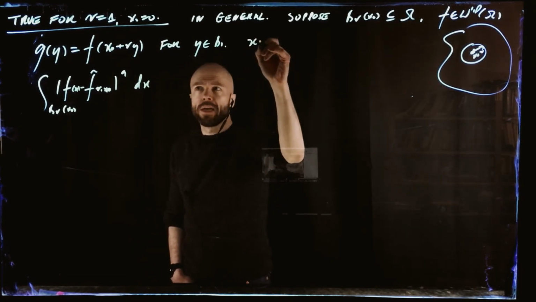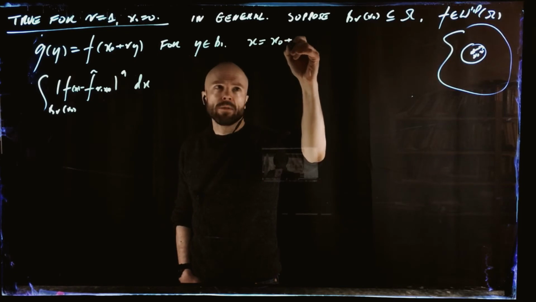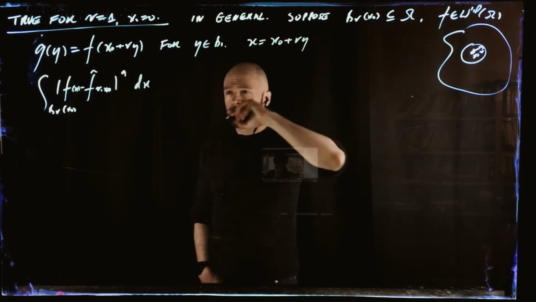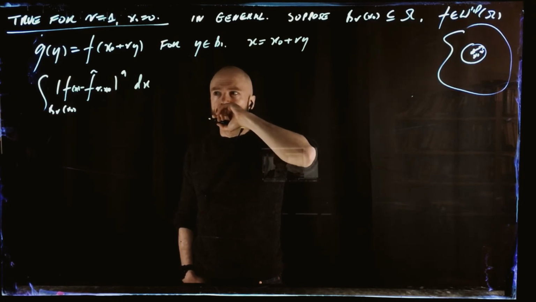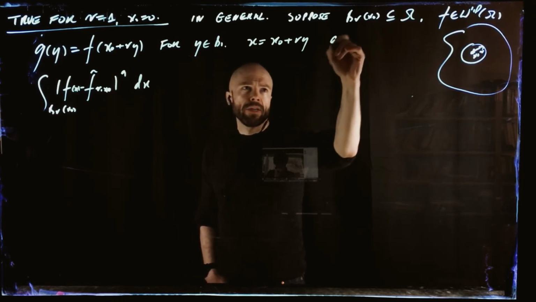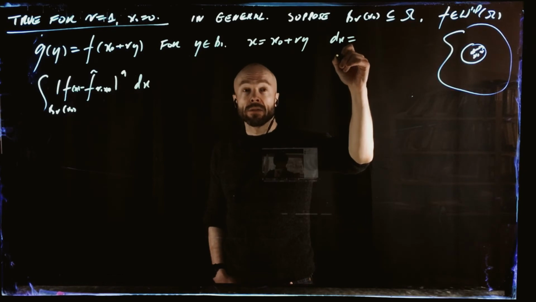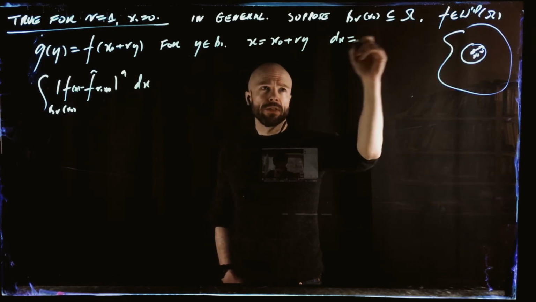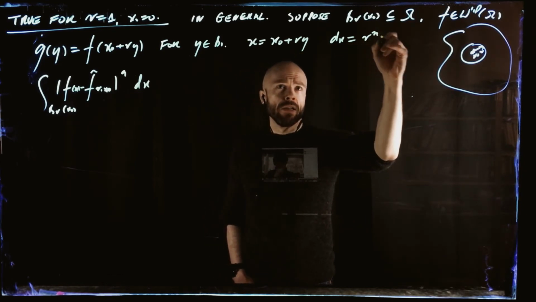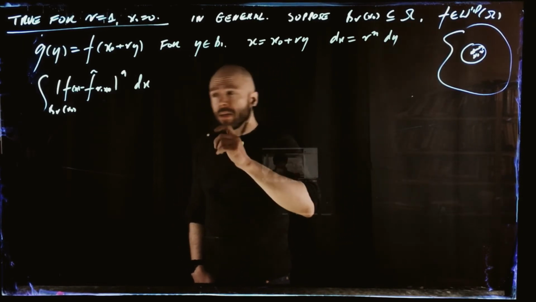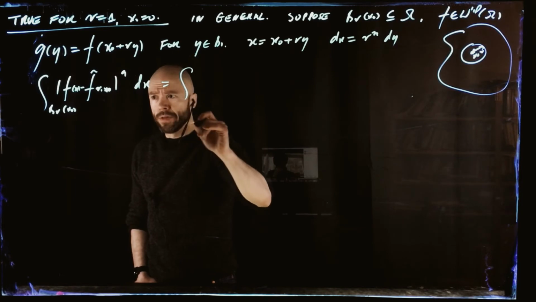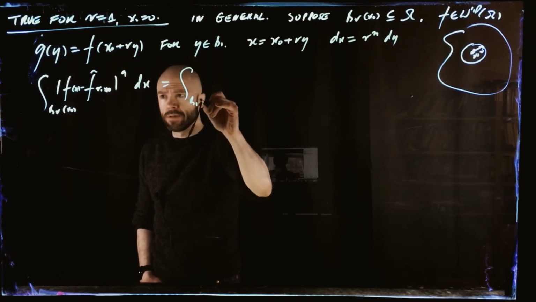So if we let x be x0 plus r times y, like this, then we have that dx, let's do everything in Rn, there's no disadvantage, so dx is equal to r to the n dy. So making this change of variables, we now do the integral on a ball of radius 1 around 0.